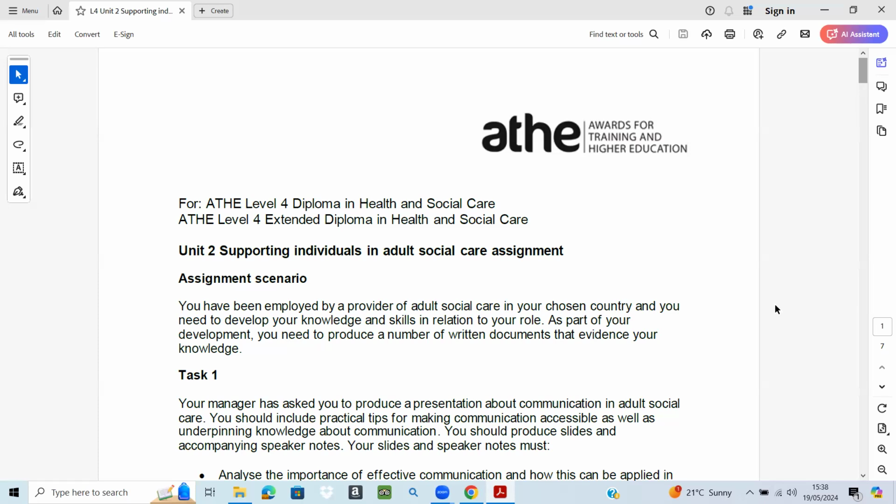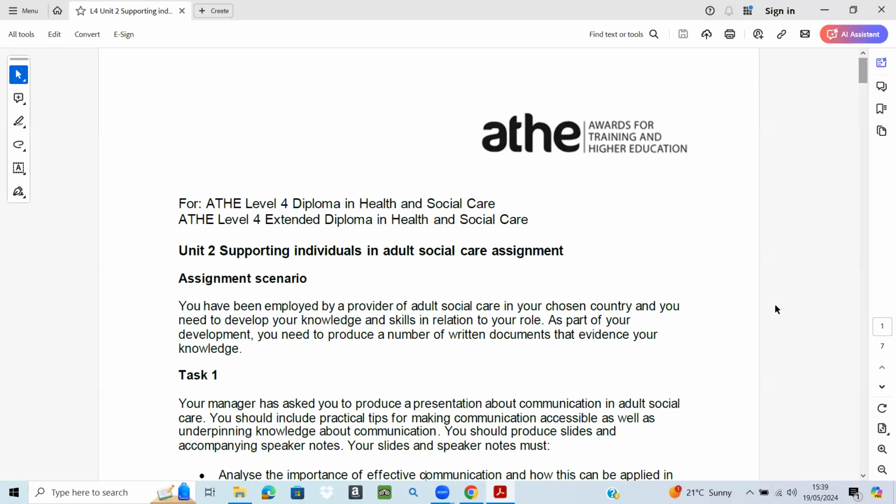We also discussed trust. It's important to build trust between caregivers and service users, because it ensures that care is provided according to individual preferences and needs and supports the well-being and dignity of the person. Then we discussed the use of some visual aids.